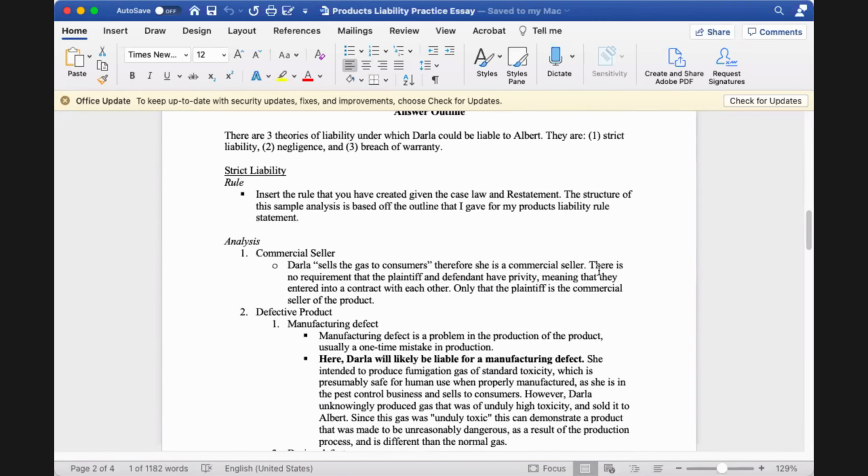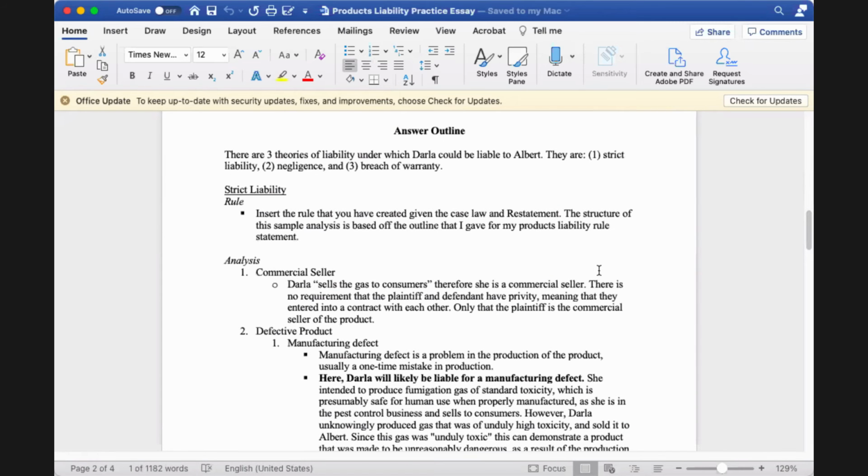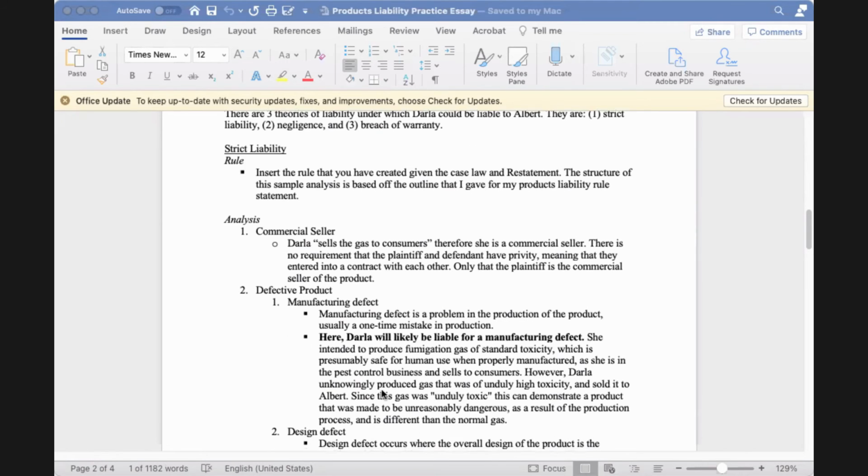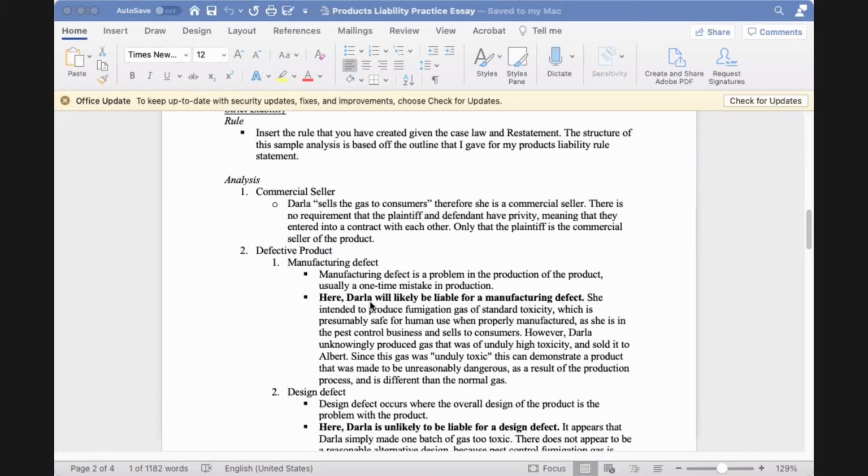So these are just all things you're going to want to look at and talk about for this one. There's three theories of liability: strict liability, negligence, and breach of warranty. I went over all this verbally two weeks ago, but this is just some ways in which you can set it up.